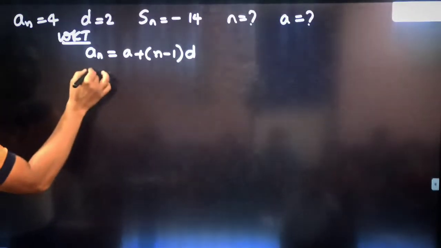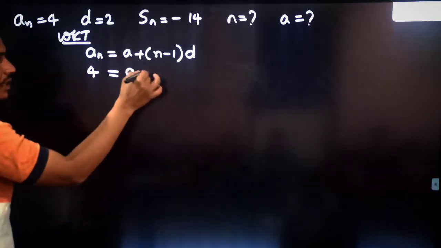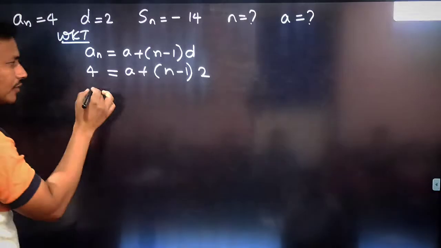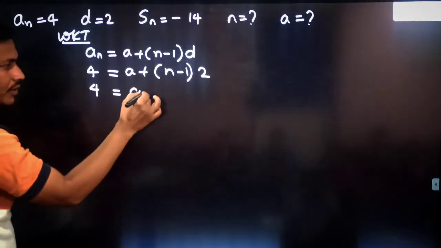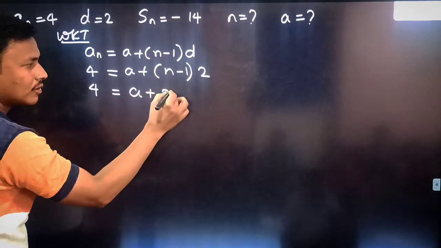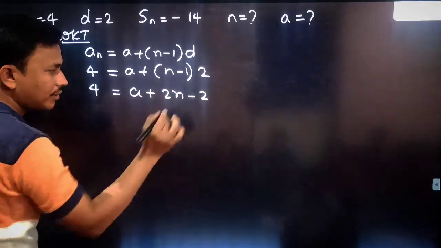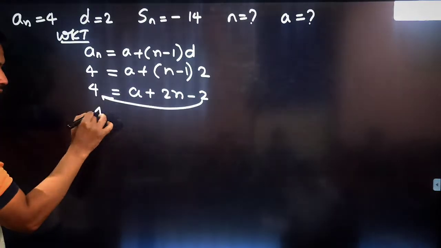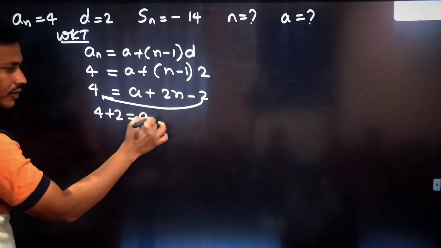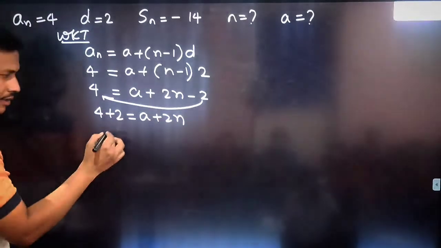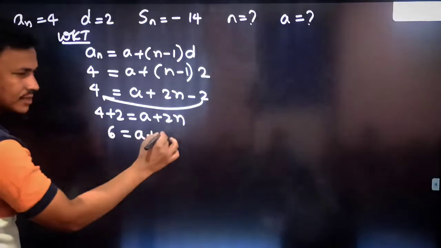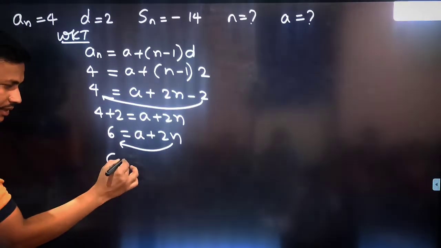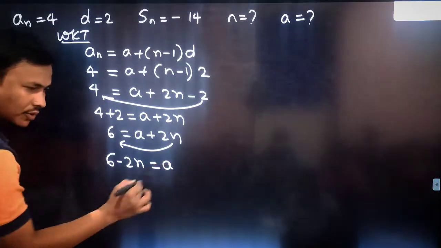What is an? 4 is equal to a plus (n minus 1), d value is 2. 4 is equal to a plus 2n minus 2. Minus 2 will become plus 2. 4 plus 2 is equal to a plus 2n. 6 is equal to a plus 2n. Plus 2n will become minus: 6 minus 2n is equal to a.